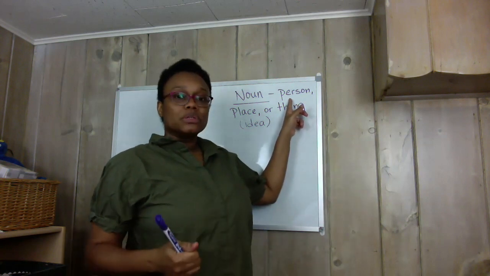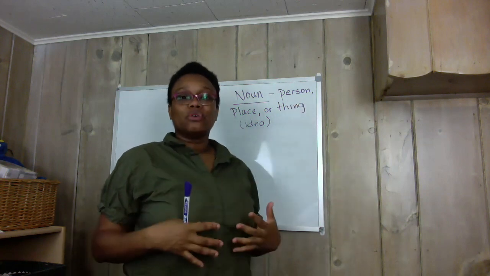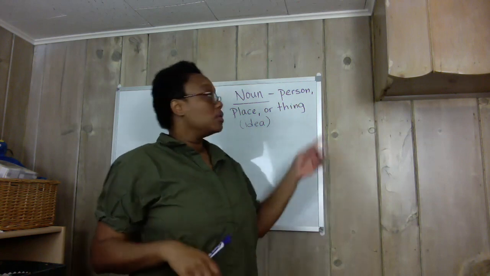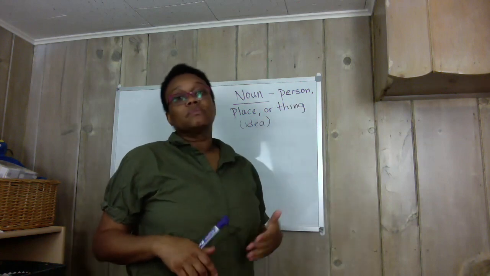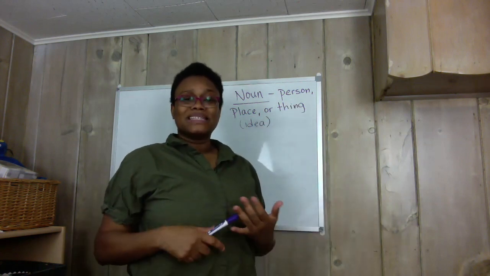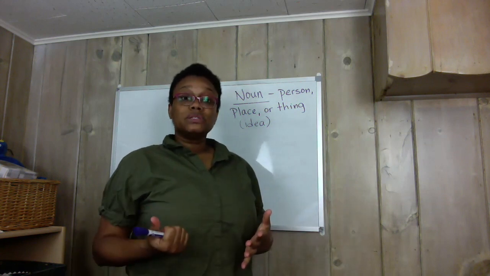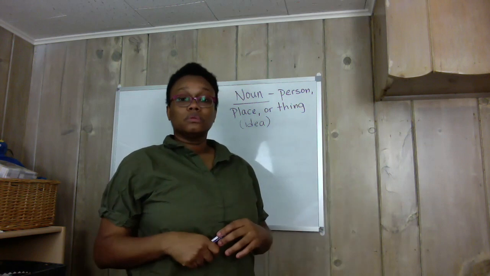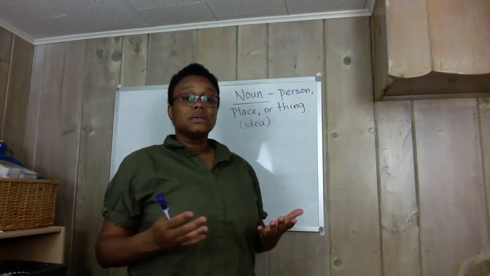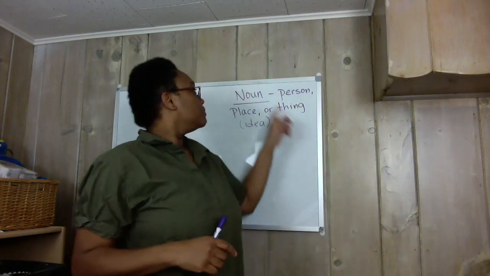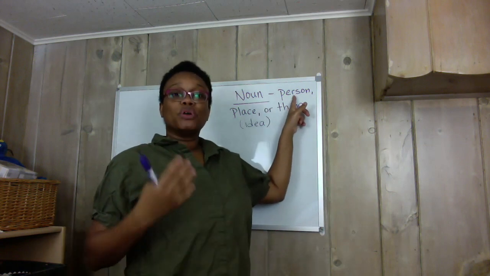So animals would not be in the same category as people or a person. Person, we mean humans. So as I said, a boy or a girl, a man or a woman, a teacher or a student, an office worker, a priest, any of these people fall into the category of person and is a noun.